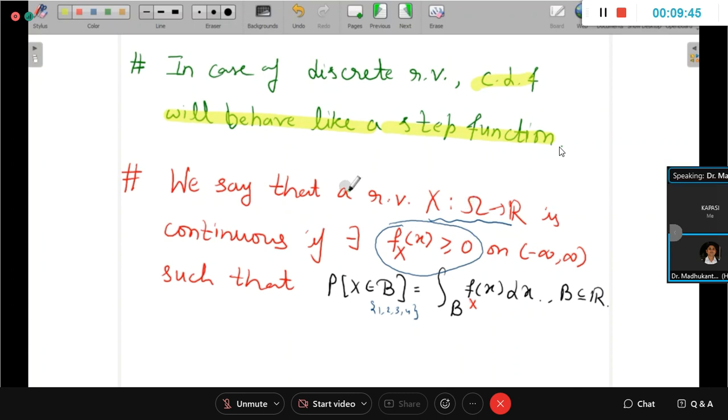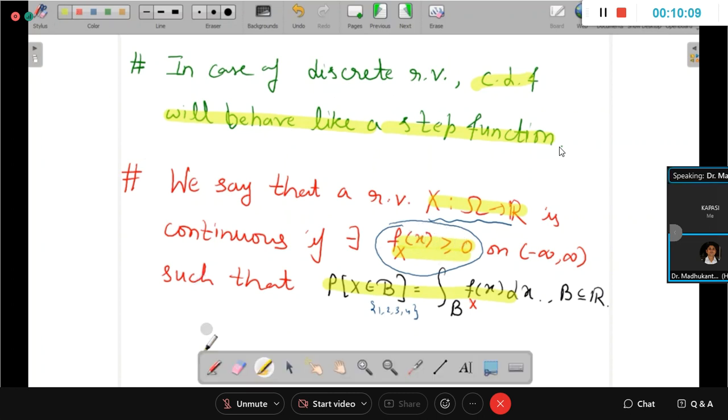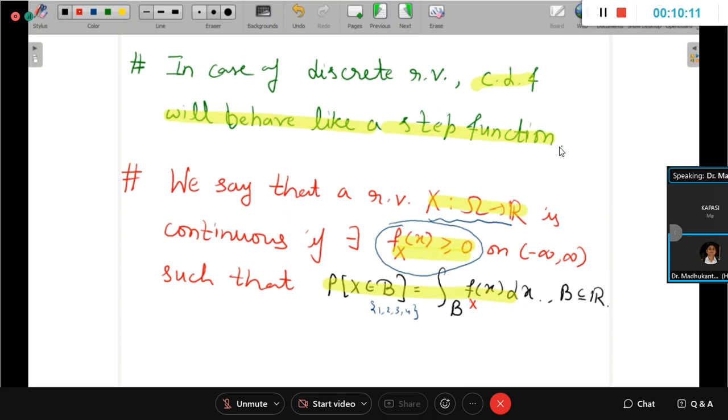We say that a random variable X is continuous if you are able to identify a function f_X which is non-negative, and with this non-negativity condition it has another property attached: the integral from minus infinity to infinity of f_X(x) dx is 1.